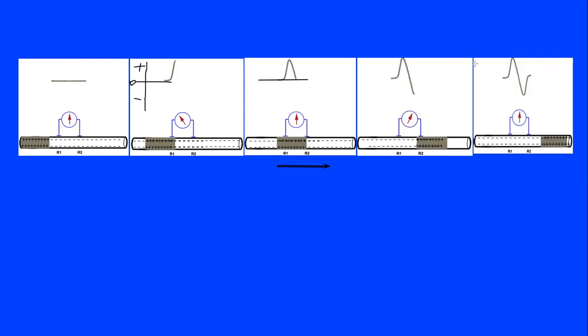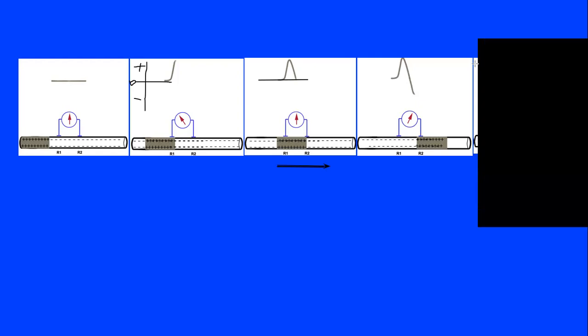Now the next graph is showing you when this side, the positive charge, have gone to electrode 2. Now they will show you that electrode 1 is negative when it is compared to electrode 2.